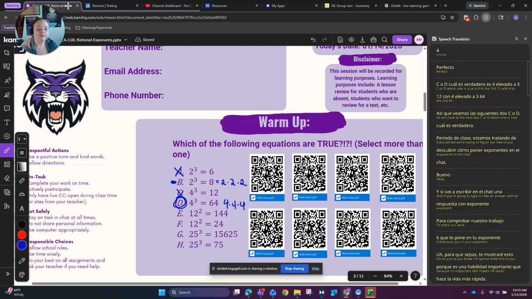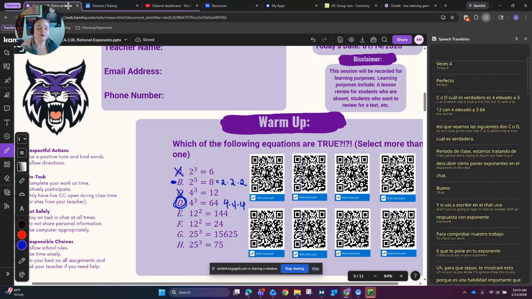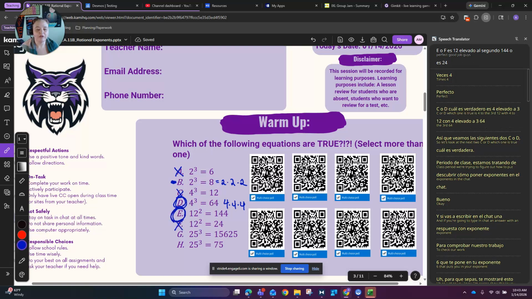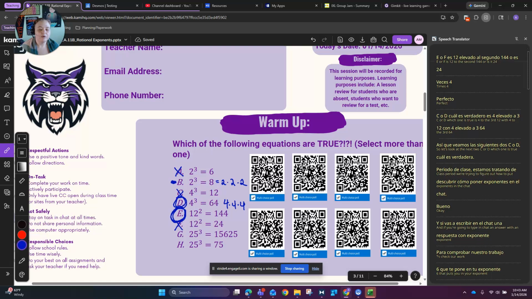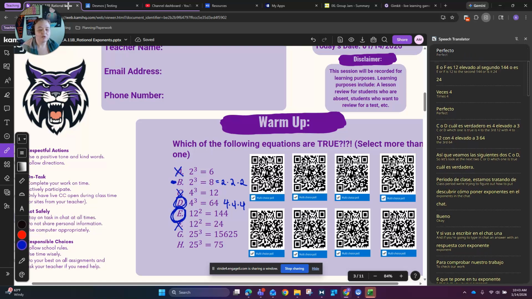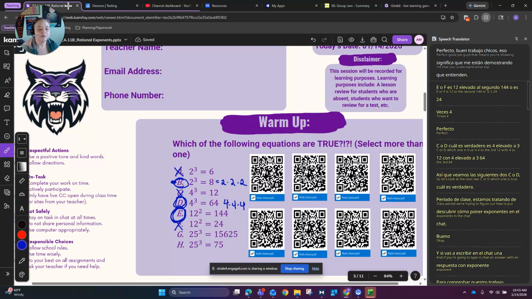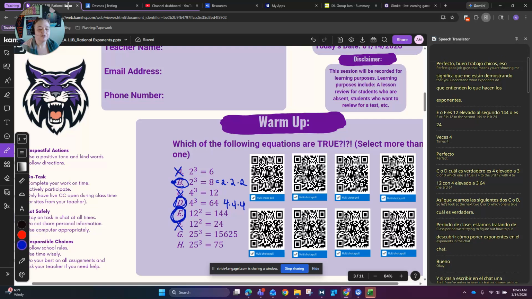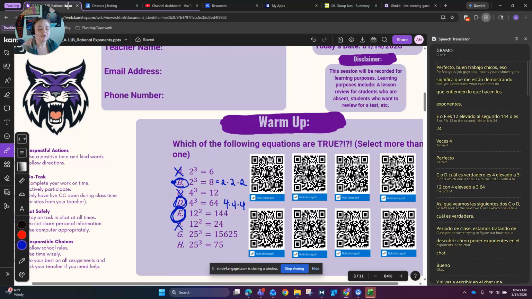E or F, is 12 to the second 144 or is it 24? Perfect. Good job, guys. That means you're showing me that you understand what exponents do. So, what do you think about G and H? G or H? Which one is 25 to the third?